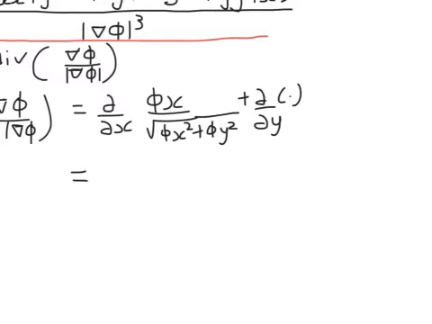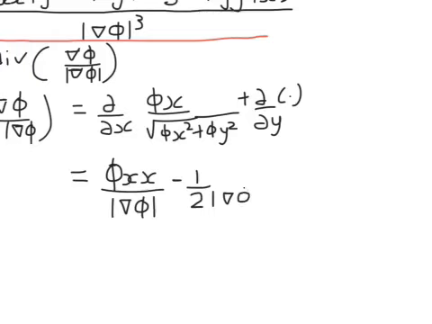Basically we'll have to use the chain rule. So that's given by phi xx upon, I'm just going to write this in shorthand, del phi, and then for the next part of the chain rule we have to take the derivative of that square root, so that will be minus half, and then in the shorthand it will be raised to 3 by 2, but if we are writing it as this then it's just this cube, and then we already have this phi x, and then we differentiate inside the square root.